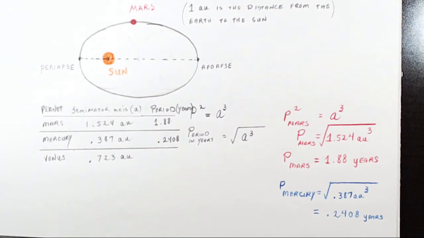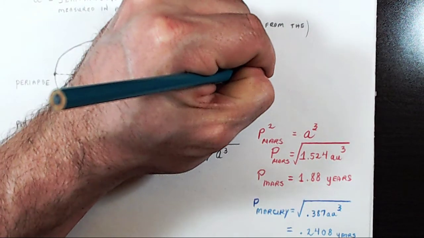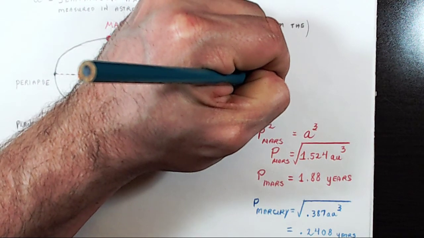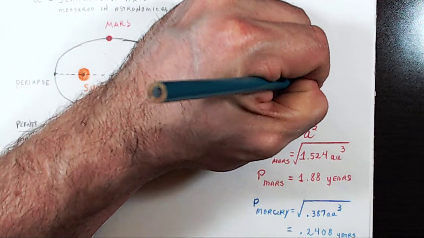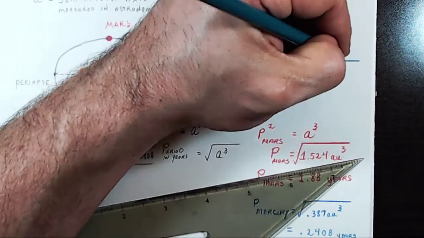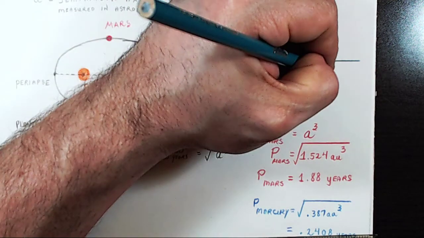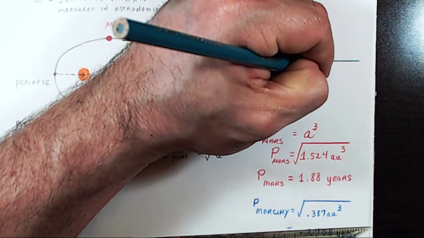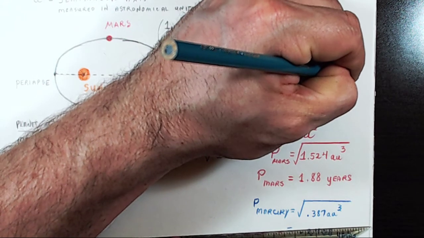And if I use this green color here, the period for Venus is equal to the square root of the cube of the semi-major axis for Venus, which is 0.723 astronomical units cubed.